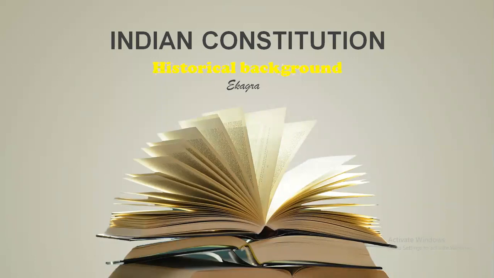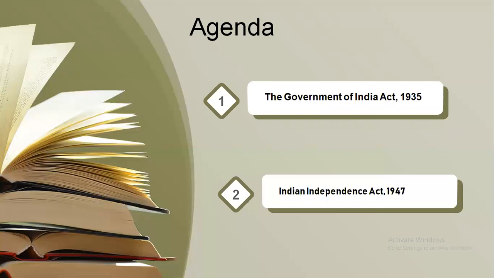And in this session, we would be looking at the historical background of the formation of Indian Constitution. We've already seen two good videos on understanding the backdrop of how Indian Constitution was formed. So we started seeing videos from Government of India Act 1773 to Government of India Act 1919.